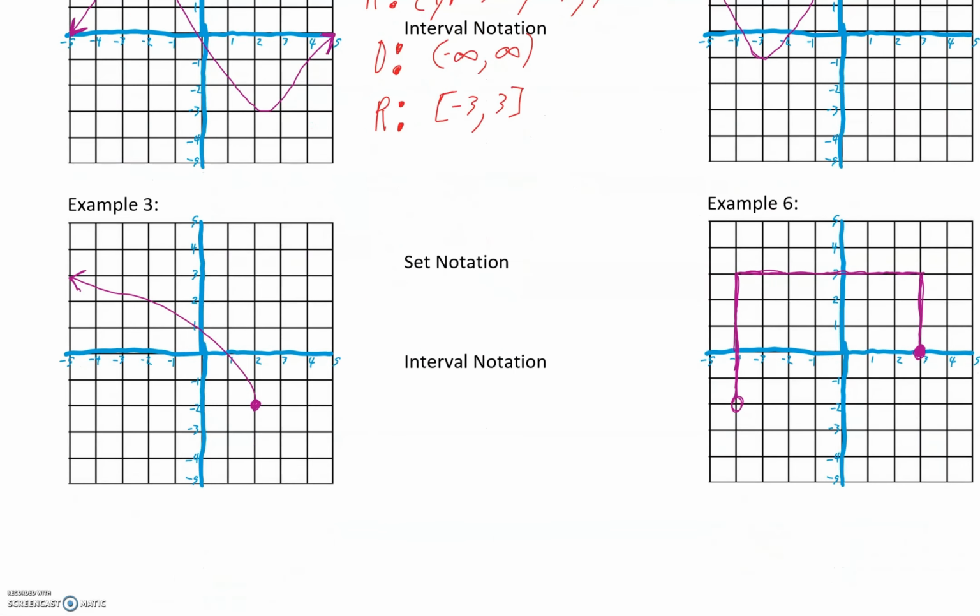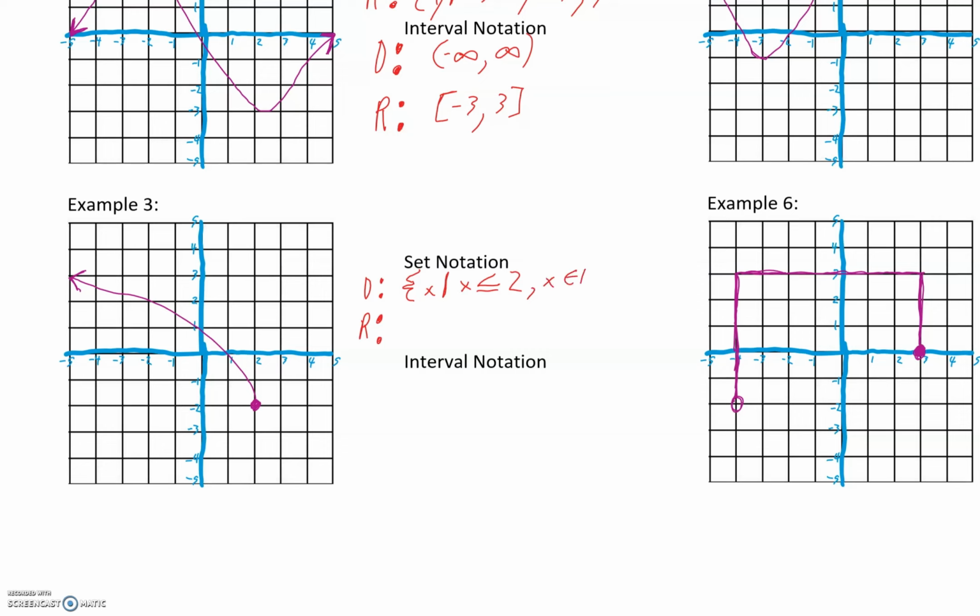And then example 3, we now go to the domain again, and the range again. Okay, now for the domain, there is a boundary. It's x such that, and then we just write x is less than or equal to 2.